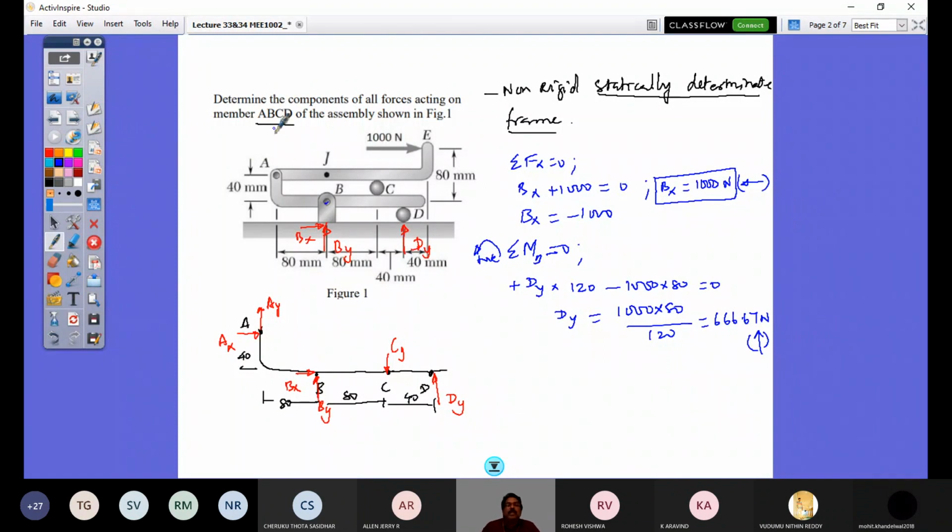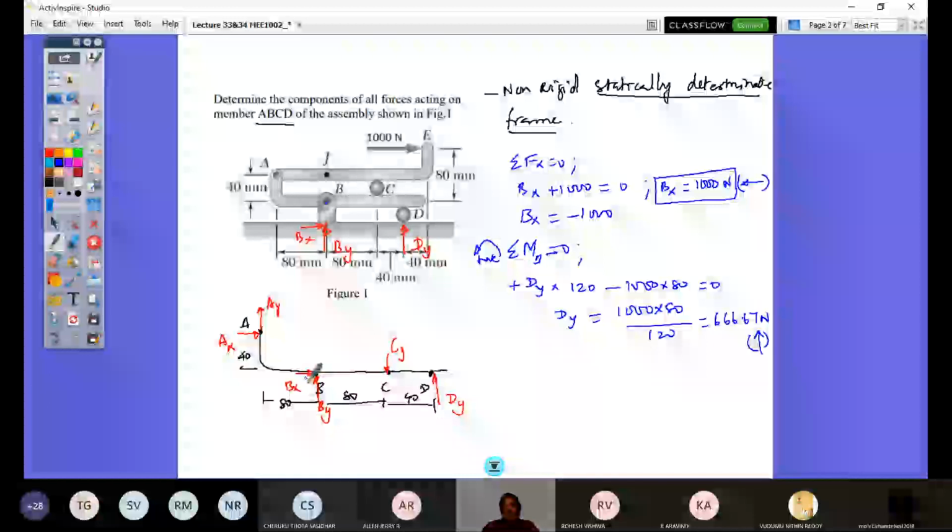So this Bx is as it is here, and I have got here 1000 Newton to the left. So I can either change the direction considered in this diagram, or I can put the Bx value here of my obtained value, minus 1000, holding the same direction, 1000 Newton Bx.